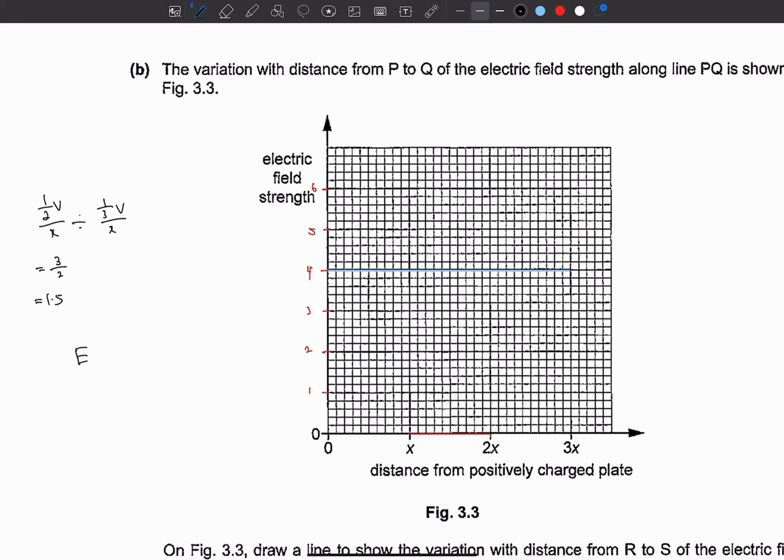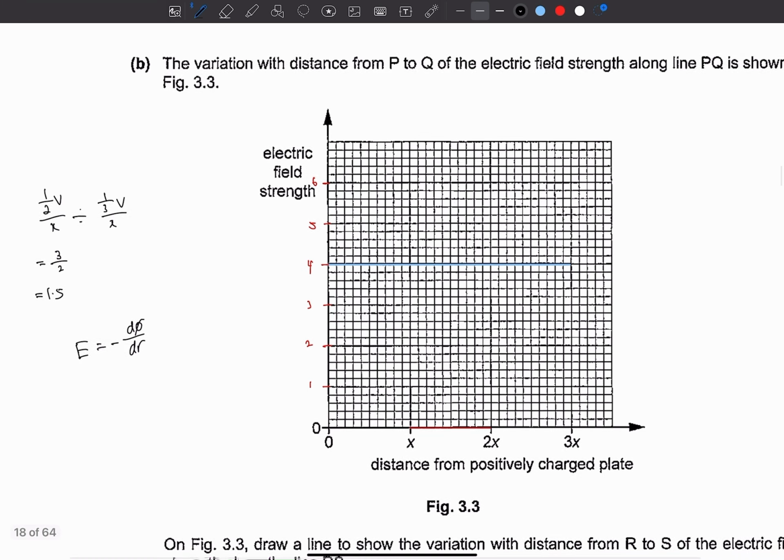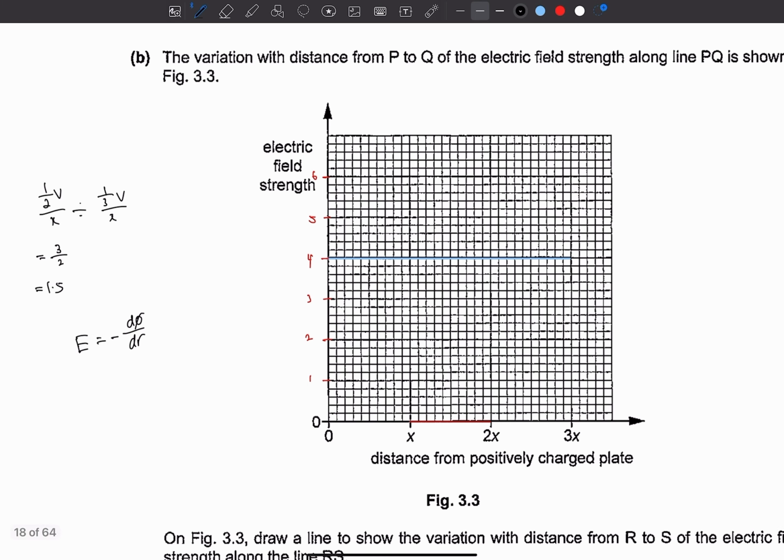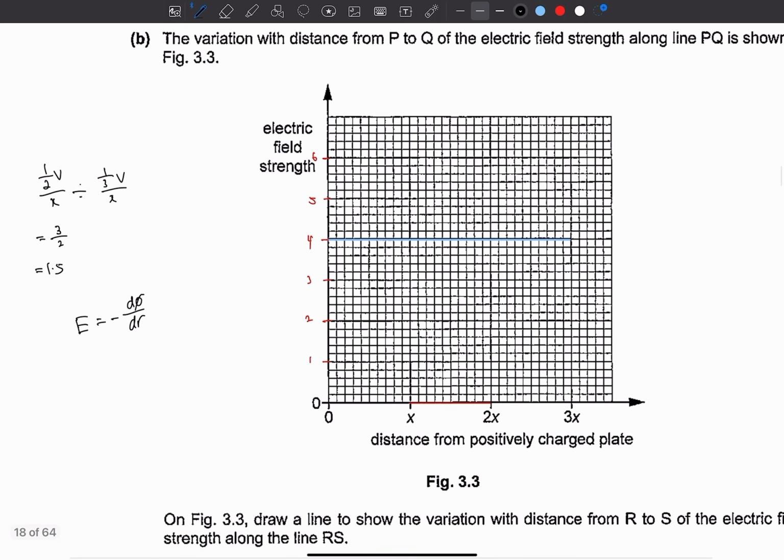Since electrical field strength is equal to the phi over dr, and the phi over dr for the red line is 1.5 times that of the black line, it means that the electrical field strength of the red line is 1.5 times the E field strength of the black line.